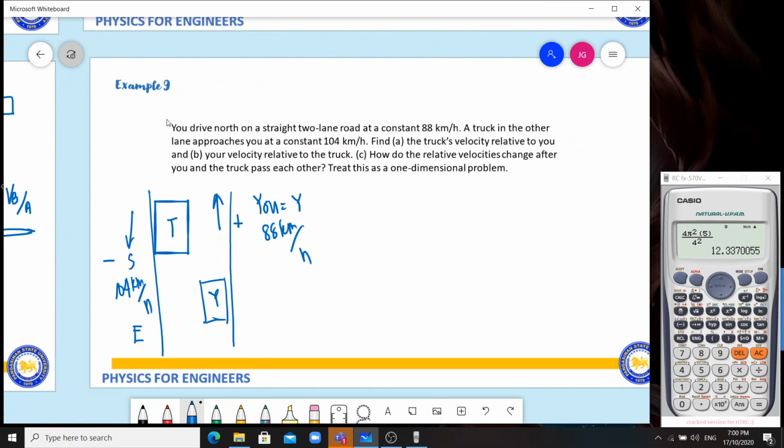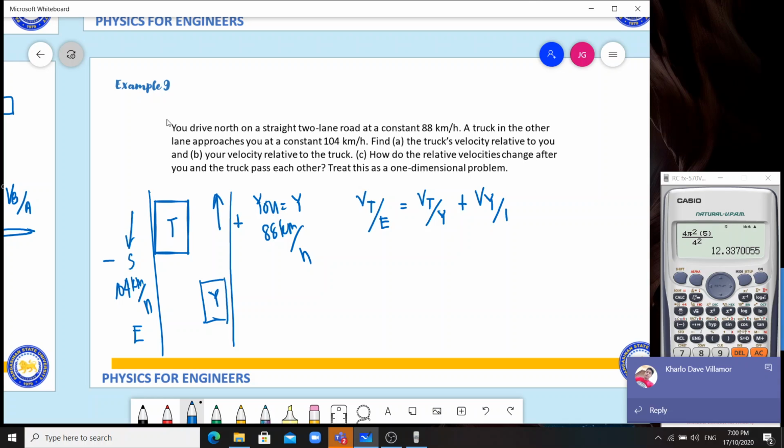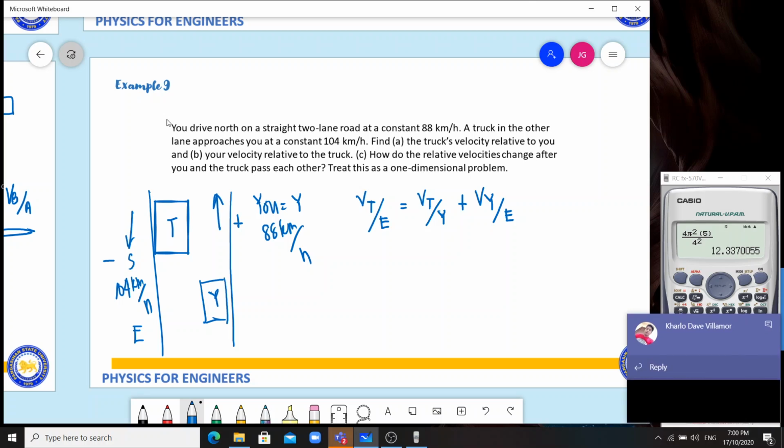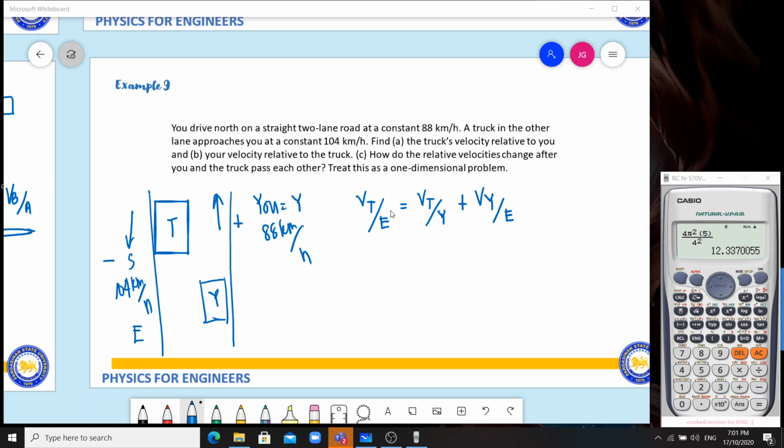So, ang formula natin, ang hinahanap natin is the truck relative to you: velocity of the truck with regards to the stationary observer equals velocity of the truck relative to you, etong hinahanap, plus velocity mo with regards to the stationary observer. So, ang hinahanap mo is velocity of the truck relative to you.